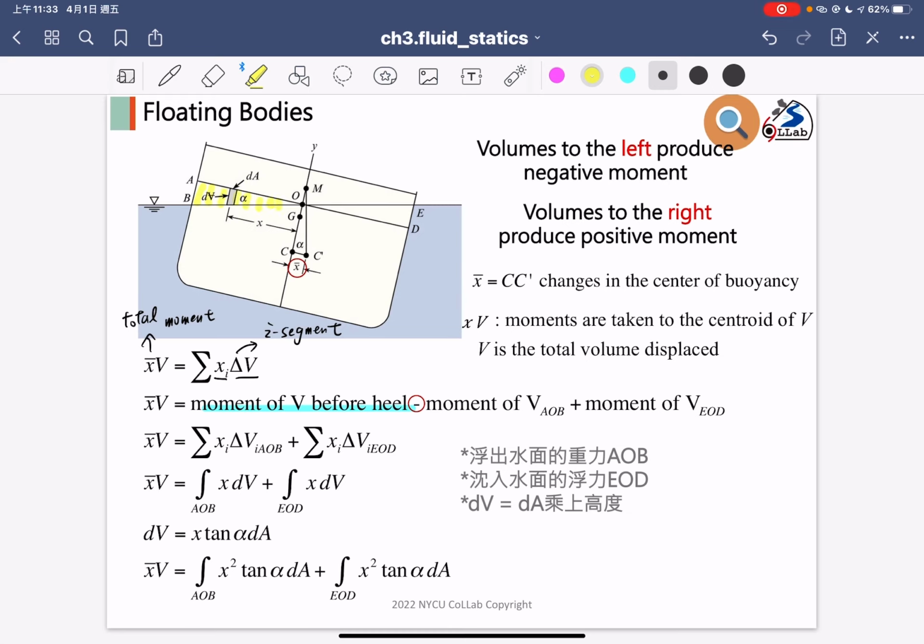And as I mentioned, the moment on the left hand side is always negative, right? So that's why I use the minus in here. But the right hand side in here is the EOD. The EOD is in here. So the moment contributed by the right hand side, usually we use the positive.